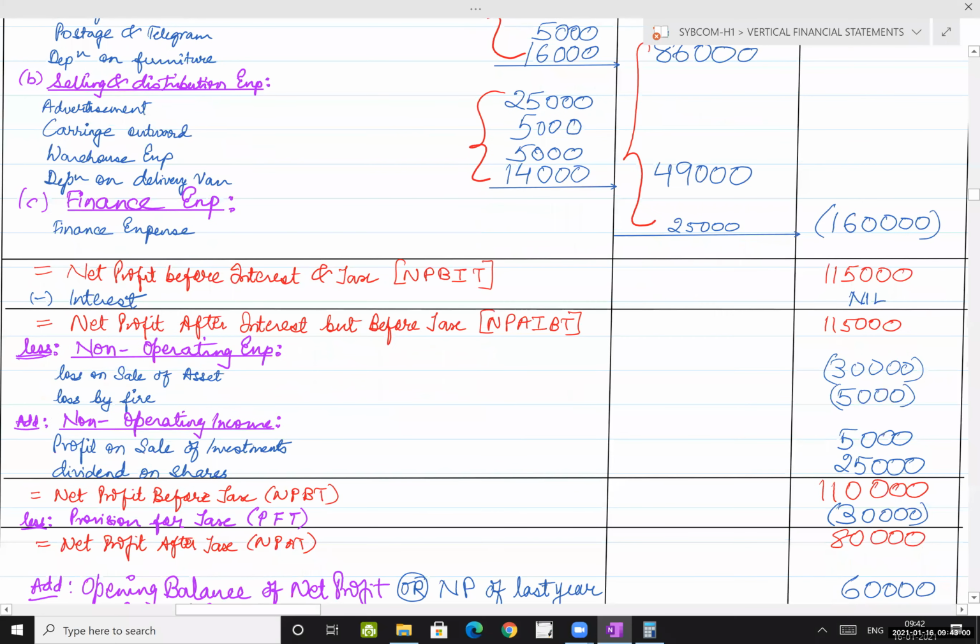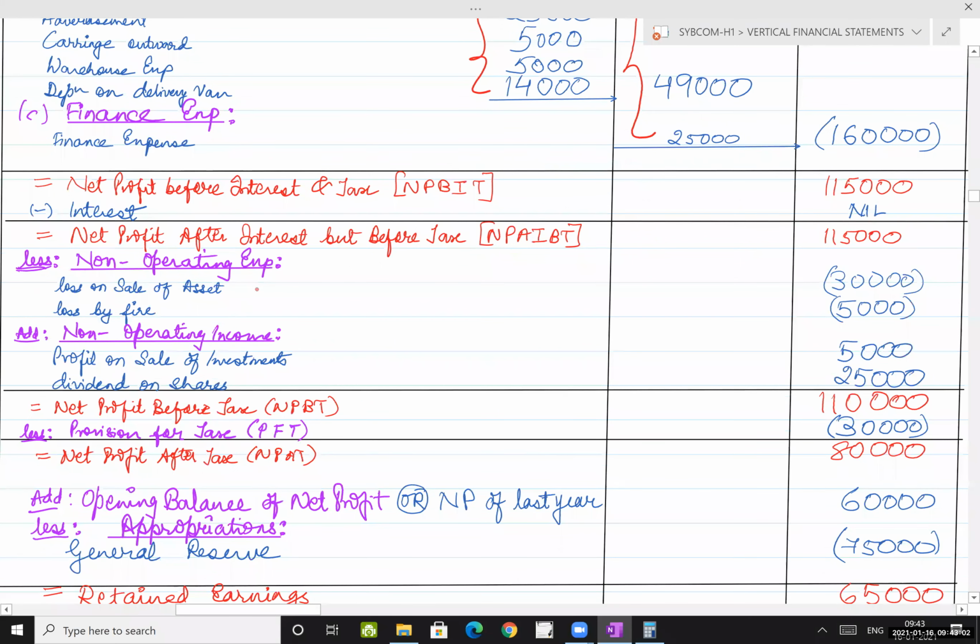Next, non-operating expense: loss on sale of asset and loss by fire.